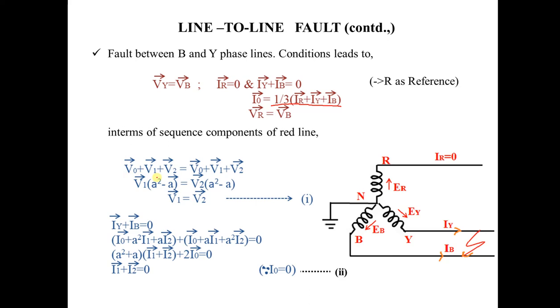V naught plus a V1 plus a square V2. Here this equation will be equal, and we are just taking the common terms.